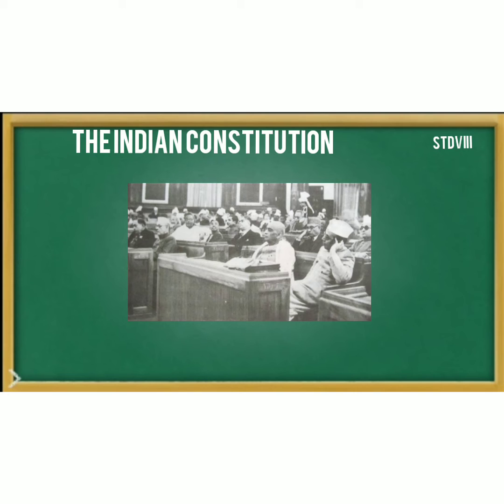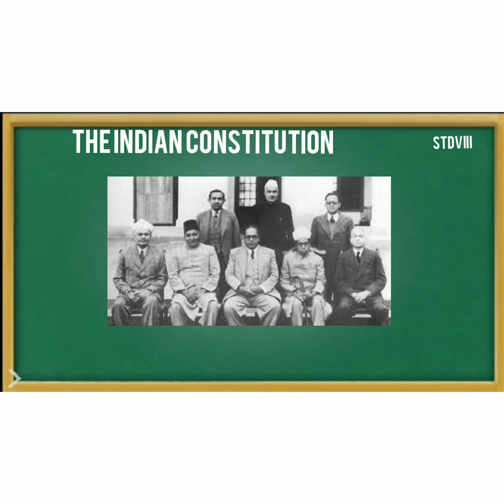Okay, and the Draft Committee of the Indian Constitution was set up on August 29, 1947. And you know, the draft committee was asked to prepare the final draft of the constitution. So who is making the constitution, or who is drafting the constitution here?